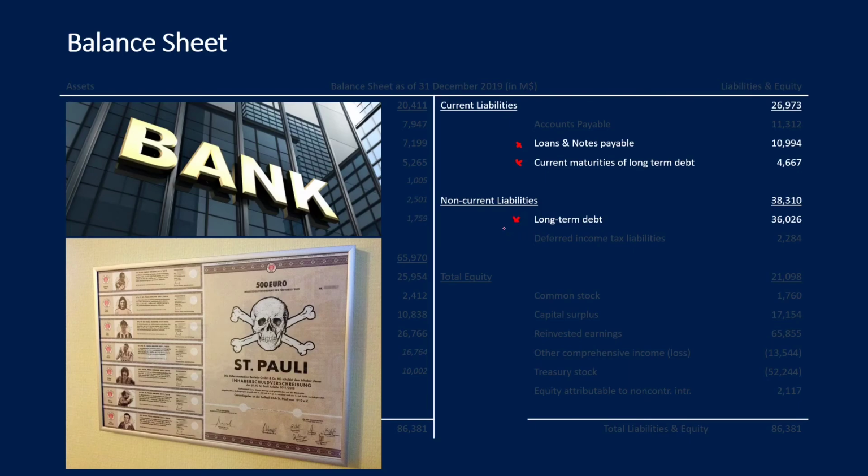So non-current liabilities, again, are those that are meant to be due in more than 1 year. So this is long-term debt. And long-term debt can be typically split into bank debt, so money that is lent from a bank, and bond debt, money that is lent on security markets, bond markets.